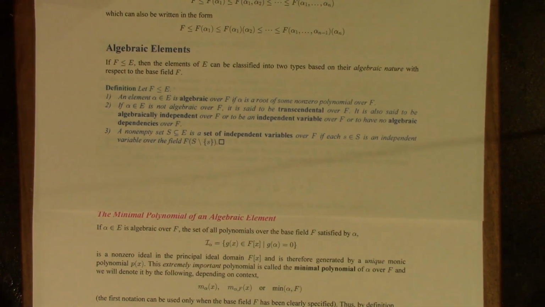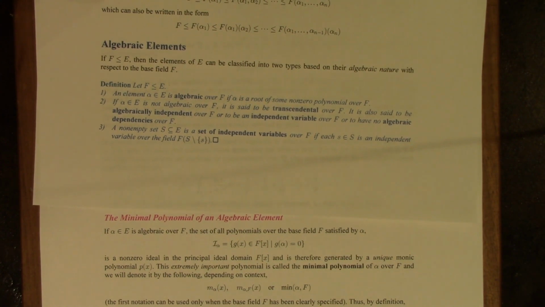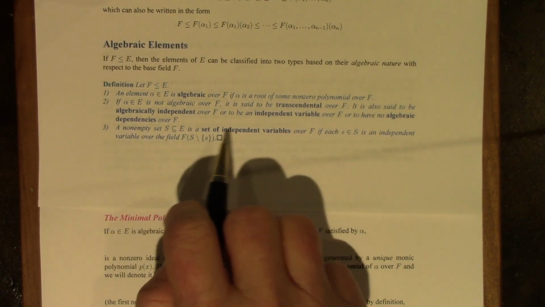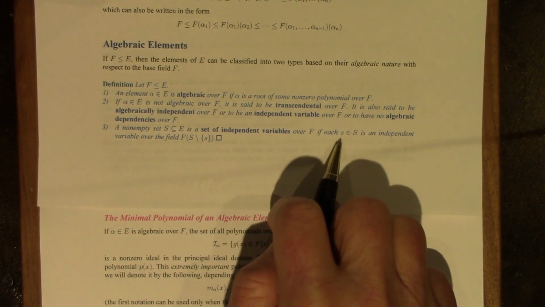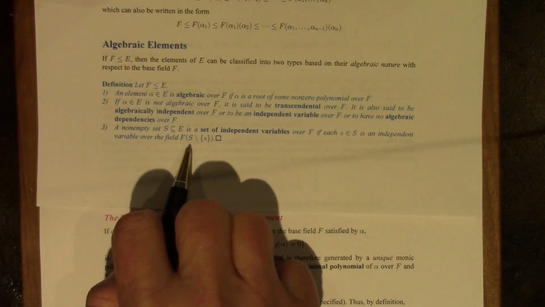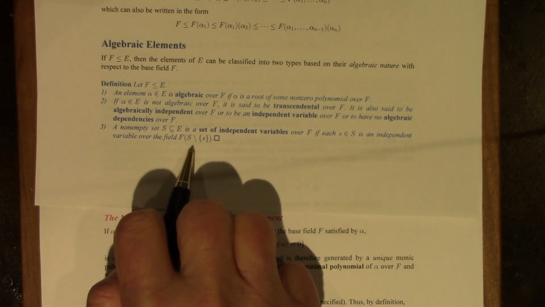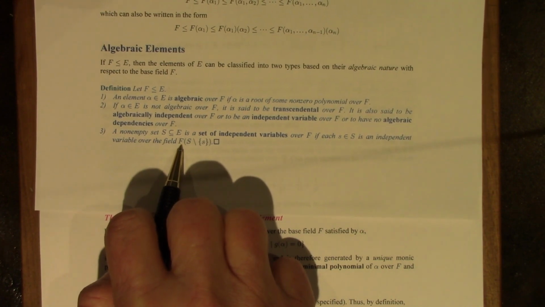Now, you're also familiar with the idea of a set of independent variables, like polynomials in two variables, for example, or three variables, or whatever. A non-empty set S of E is a set of independent variables over F if each element of the set is an independent variable over the field you get by adjoining the rest of the elements of S to the base field F.